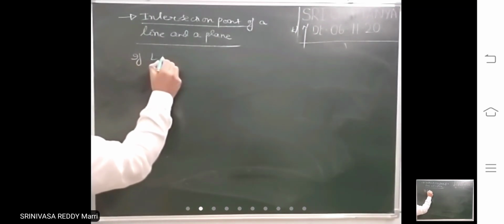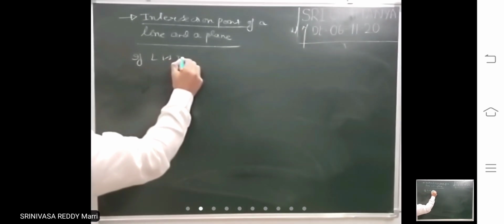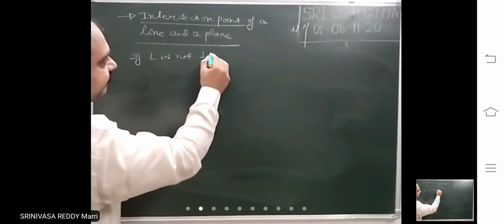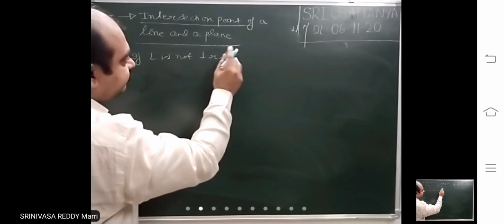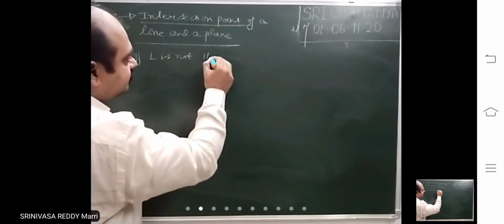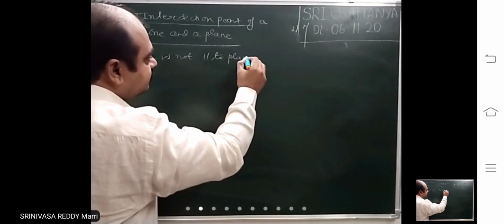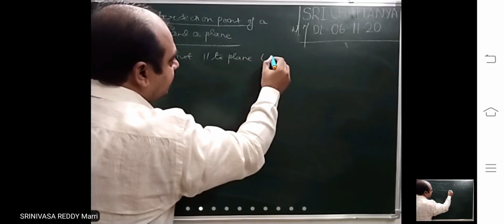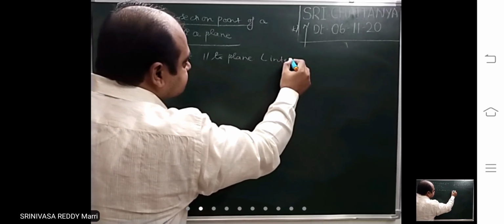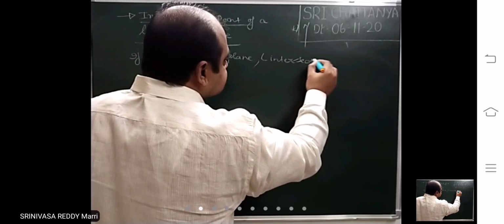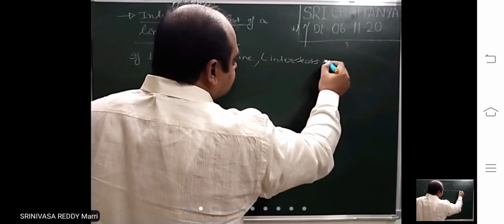If line L is not parallel to the plane, if L is not perpendicular to the normal, L intersects the plane.